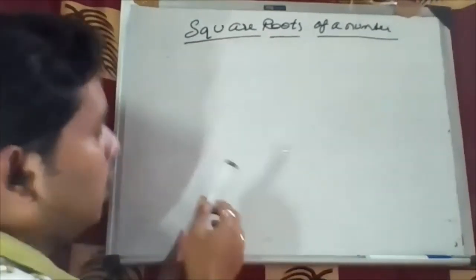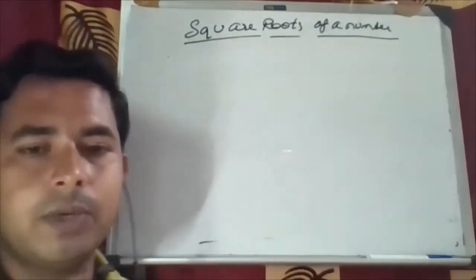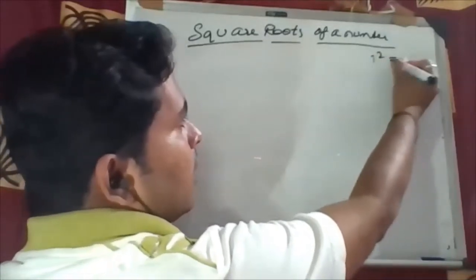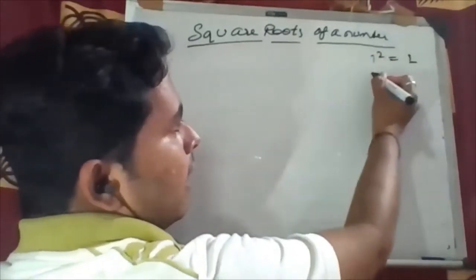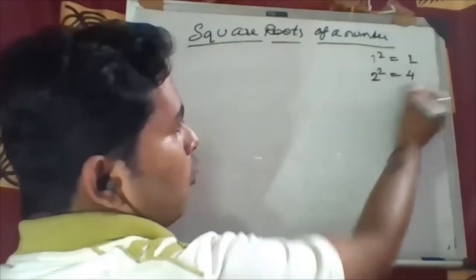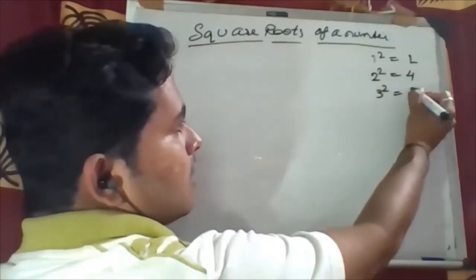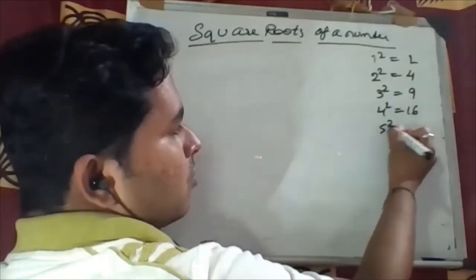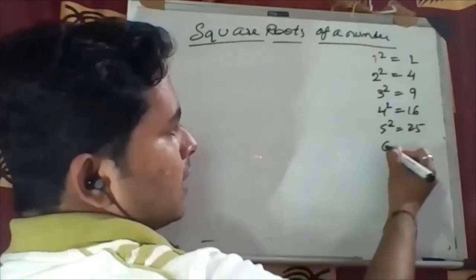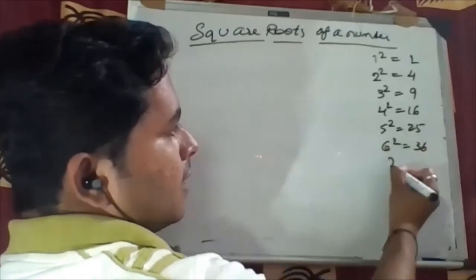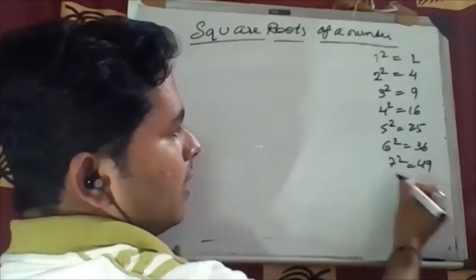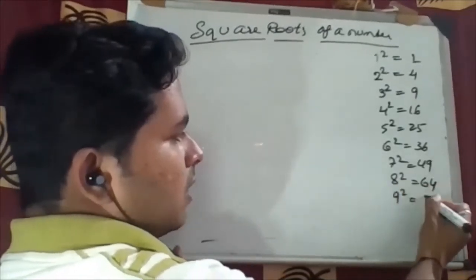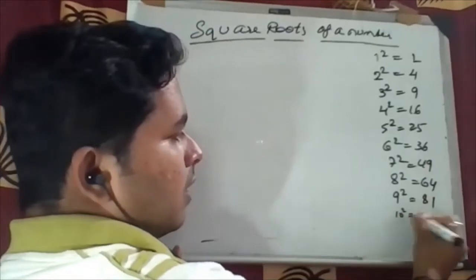To find the square root of any number, I should first know the squares. 1 square is 1, 2 square is 4, 3 square is 9, 4 square is 16, 5 square is 25, 6 square is 36, 7 square is 49, 8 square is 64, 9 square is 81, and 10 square is 100.